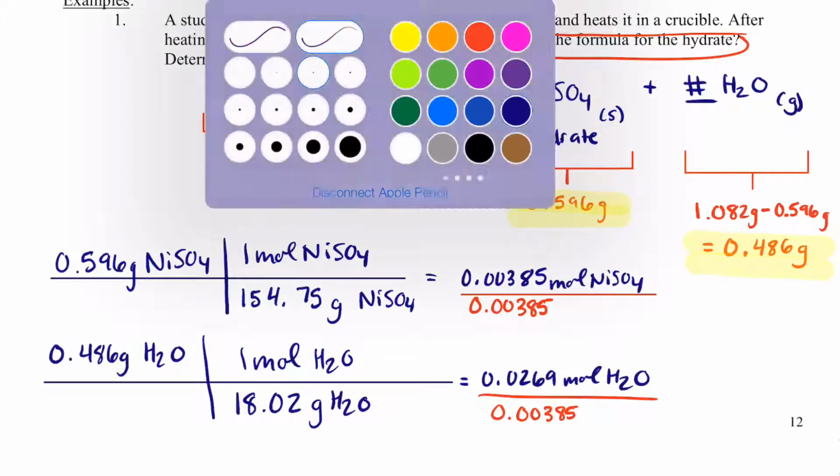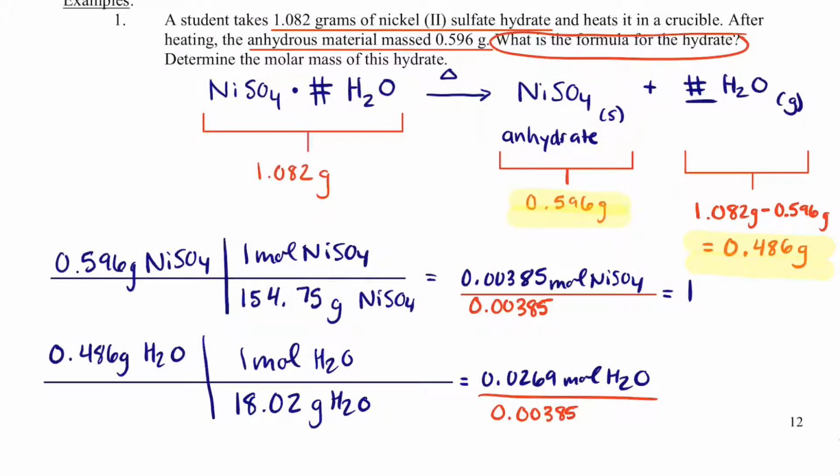When I do the math, I get 1, of course, for NiSO4, and then I get 6.99, which is approximately 7 water. And so that's my answer: NiSO4 7 water. So this is a heptahydrate.